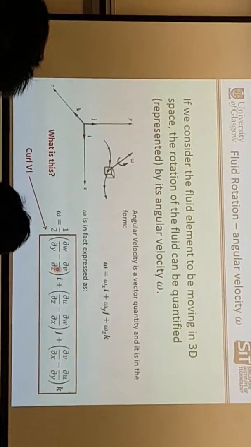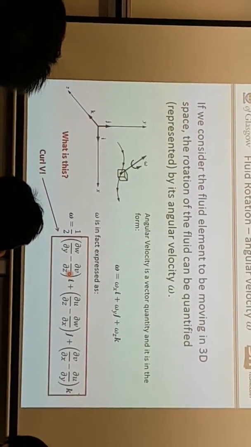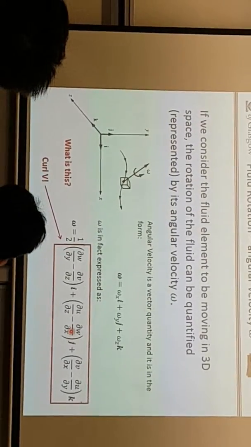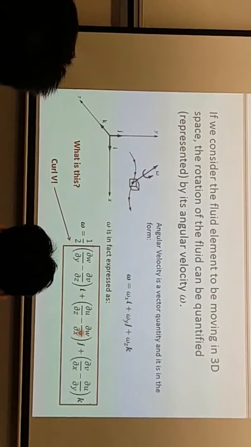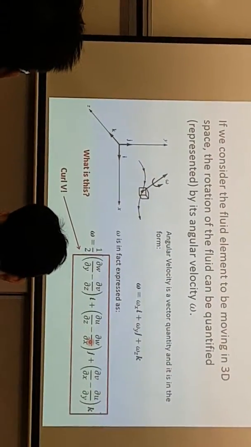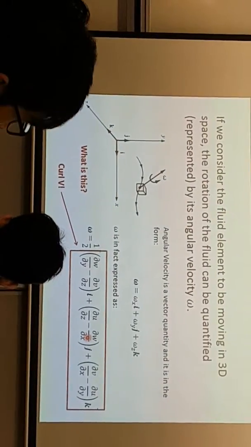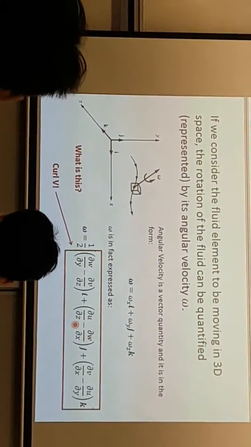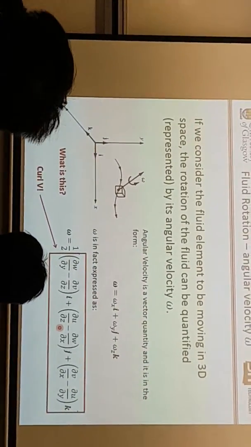How v changes in the x and z direction. And same for w, how w changes in terms of x and y direction. Because when you change in a different direction, there's a shear force. When there's a shear force, it causes a rotation. So that's why we're looking at velocity gradients, not in the same direction. Understand what I'm saying? Almost like material, yeah, you're right.